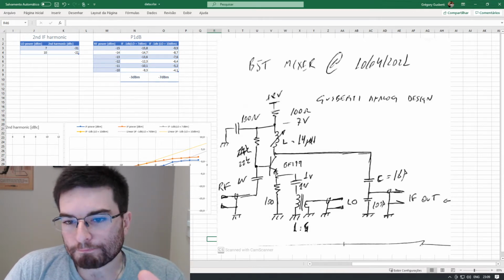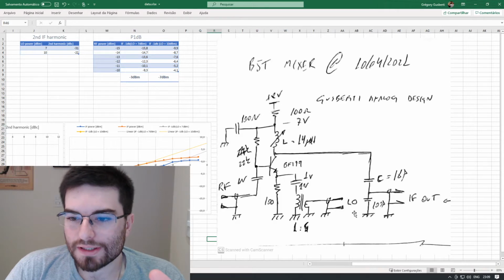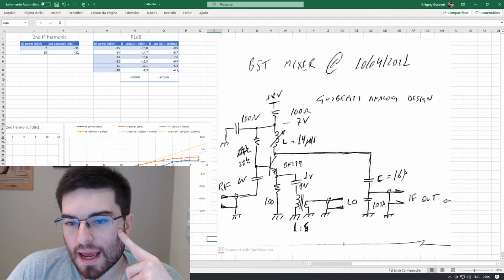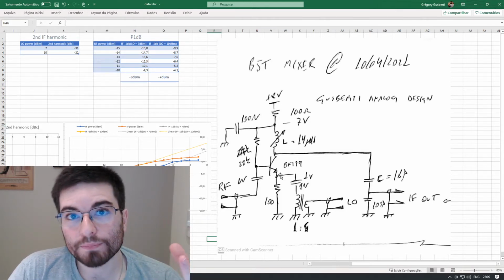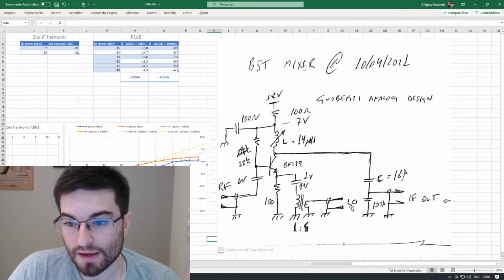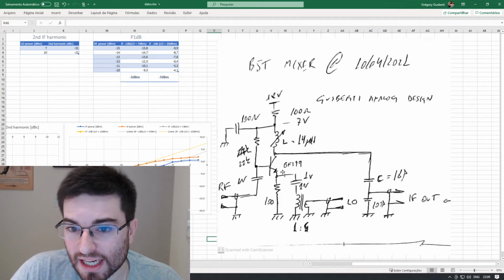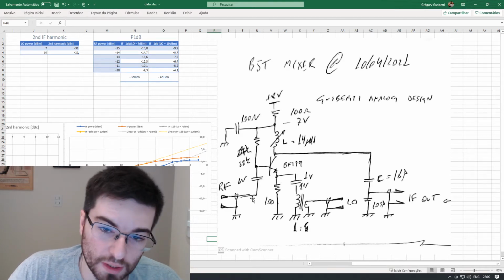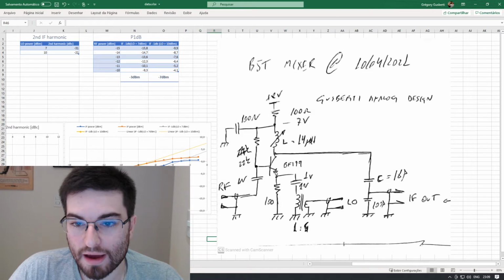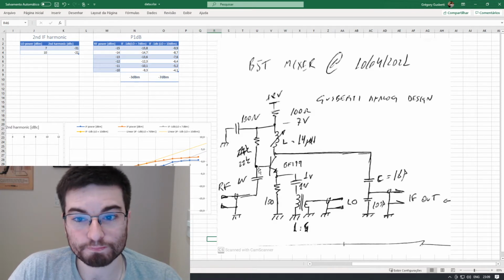For the LO, the transistor will behave like a common base stage. We can see that the LO signal is injected in the emitter, and the base will be grounded for the LO. So we have a common base stage.